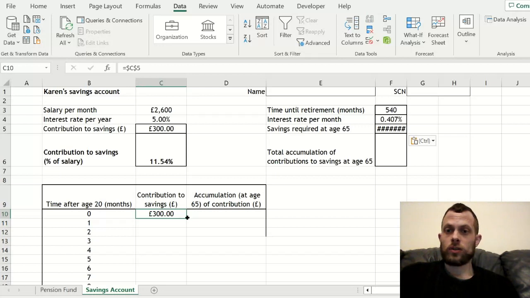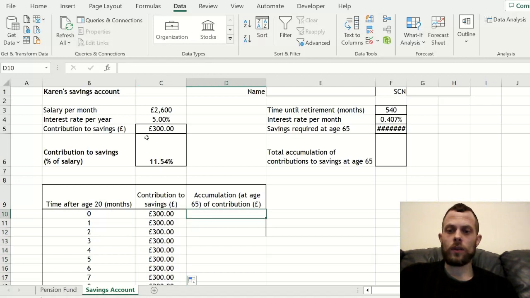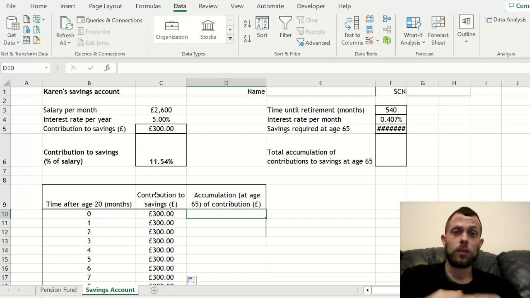So the contribution to the savings will be the same, and that's an absolute cell reference to the number we made up, the 300. The accumulation is something we need to think about. And here, this is a very different kind of spreadsheet to the ones with loan repayments that you've probably done several times, because we're taking each cash flow separately and seeing what that cash flow will accumulate to at the end of it.